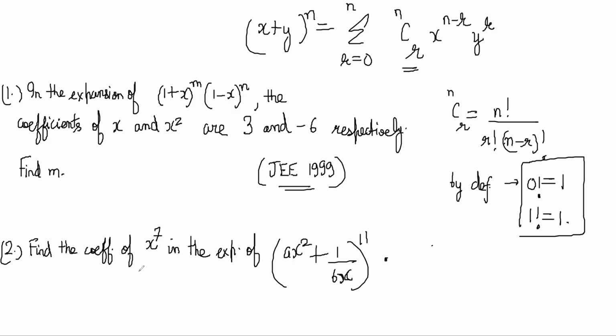Everyone understands the meaning of coefficient: the number that accompanies the term. So using the binomial theorem, try to solve these two. Take 5 minutes. I'll be back in 5.